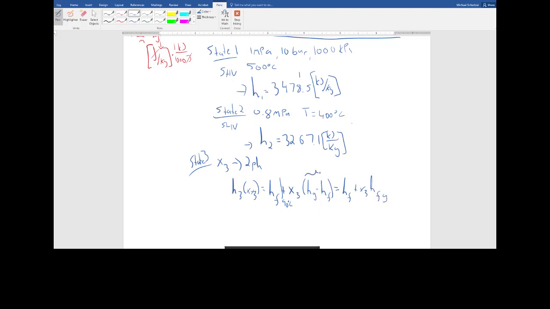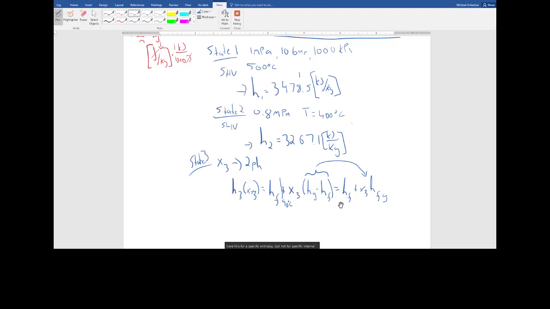So this is equal to hfg. So it's one less thing I can screw up in my calculator because the textbook tables already did the subtraction for me. In the ones in the textbook, they have this for specific enthalpy, but not for specific internal energy.